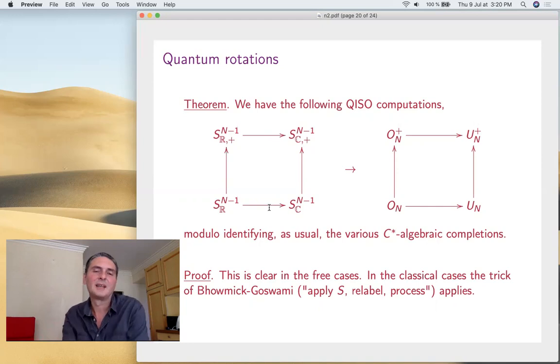That was proved. But it's Riemannian, so here we are fine. But most of their tricks apply. They're not that Riemannian in what they're doing either. So Bhowmick and Goswami proved this for Riemannian quantum isometries, but exactly the same proof applies to the affine case. That's what I'm using here.